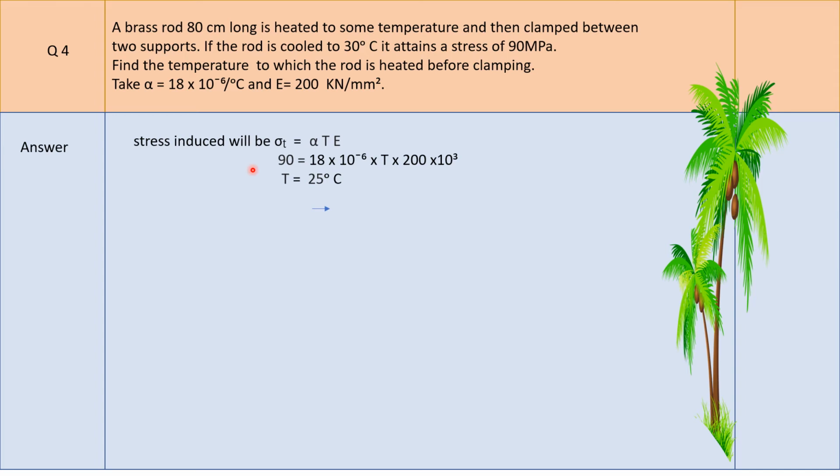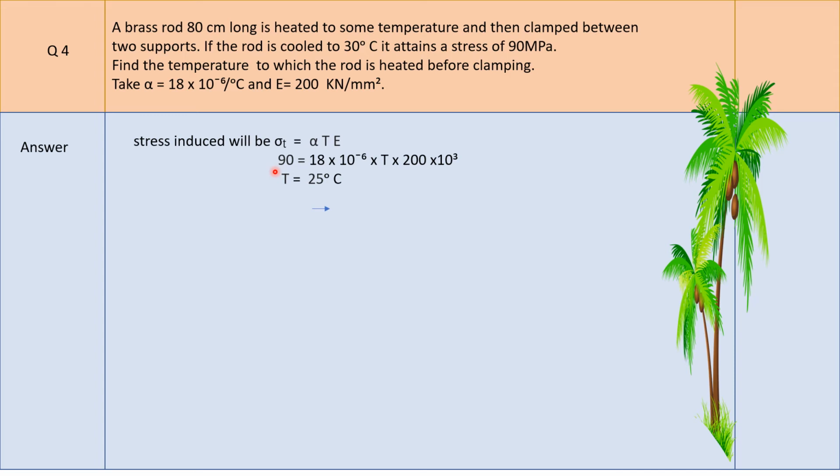So take the calculators in your hand. 90 divided by bracket open 18 exponential minus 6 into 200 exponential 3 bracket close is equal to, we'll get the answer 25. Do it once again.